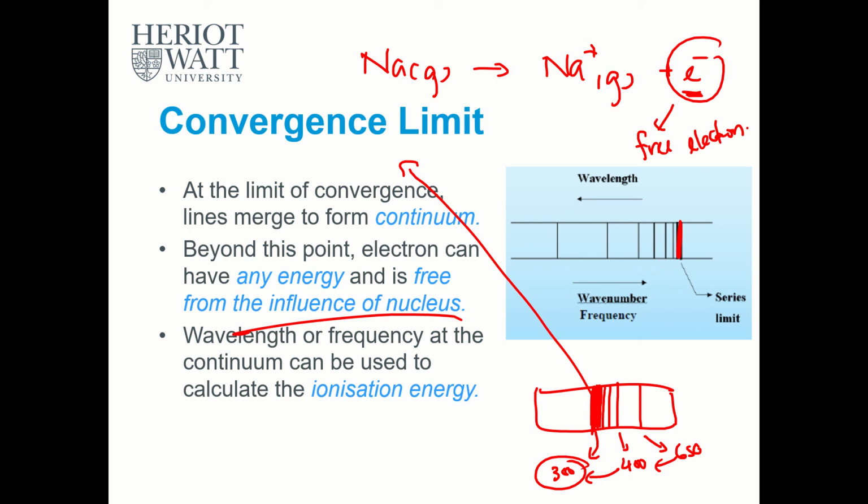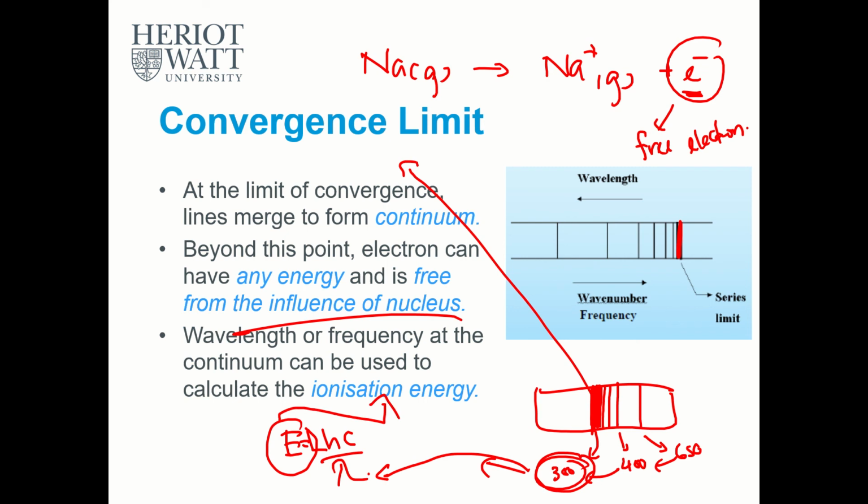And that is why we make use of the convergence limit wavelength. We can substitute into the equation again, E equals hc over lambda. We can put this 300 into this, and then we can calculate the energy, and this particular energy value is the ionization energy for that particular element.